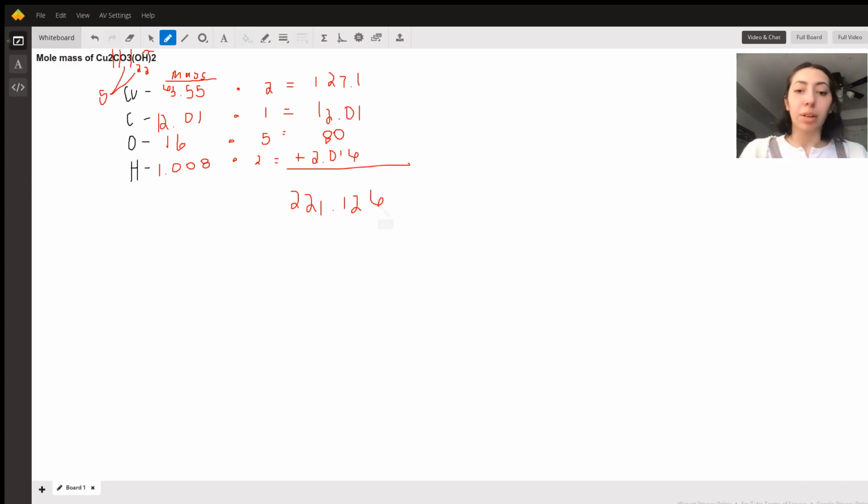Round it to the correct number of significant figures. At least in my case, we have about 221.13 grams per mole.